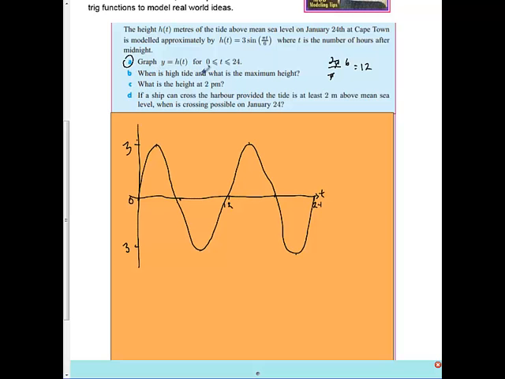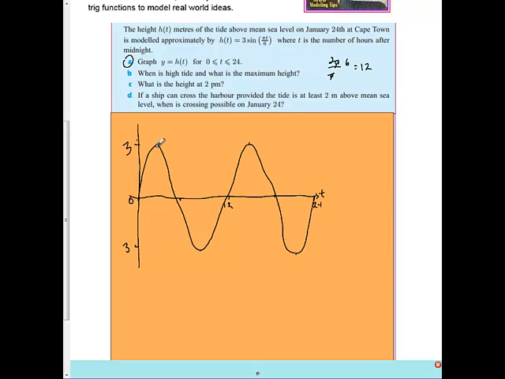When is high tide and what is the maximum height? Well, when is high tide? It's when the height of the tide is greatest. The high tides are going to be here.